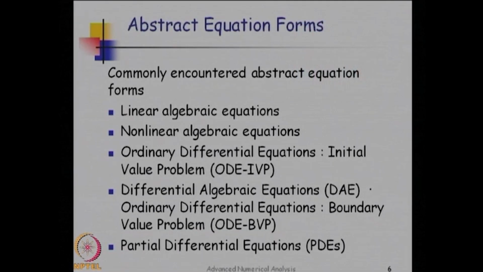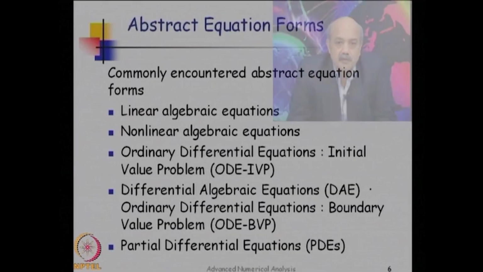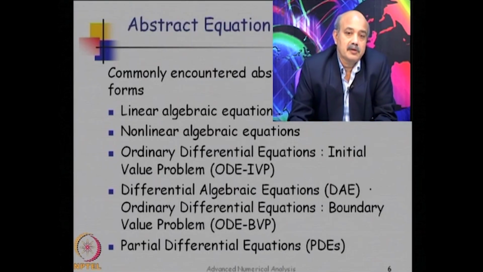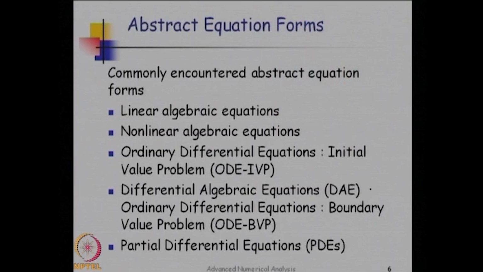In a real problem, when you are actually trying to solve a problem associated with a section of a chemical plant, you may get a mixture of all of them, not just one of them in isolation. Nevertheless, when we study these equation forms, we often study them in isolation, and then we understand how to attack more complex problems where a combination of these might be encountered.